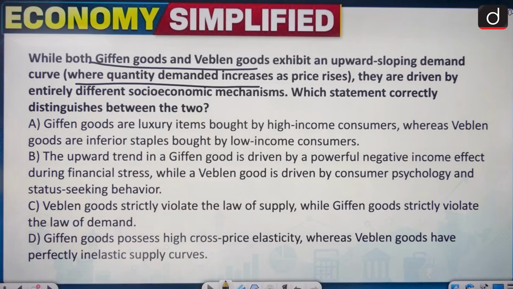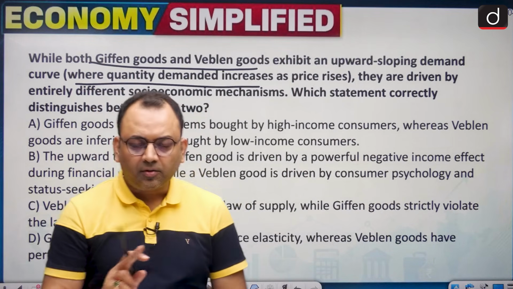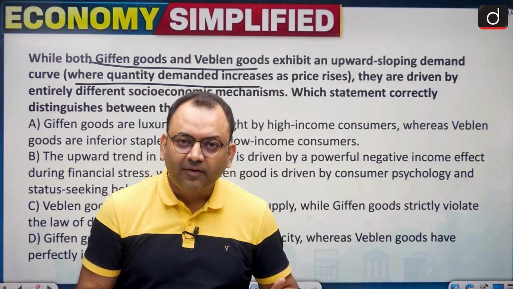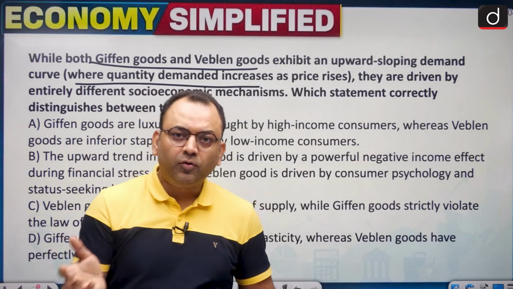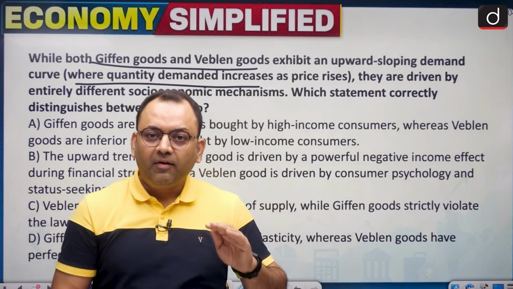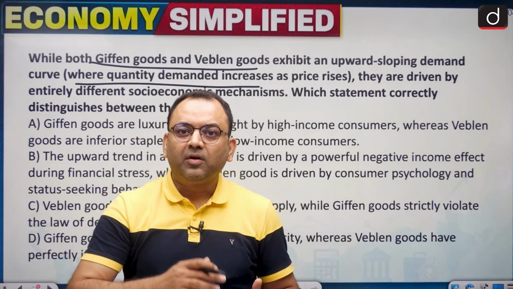You see, Giffen goods are inferior goods, right? They are not luxury goods. Giffen goods are inferior goods, but having no options available, that is why people fall back to those items in case of stress, and that is why even if the price increases, their demand is also increasing.